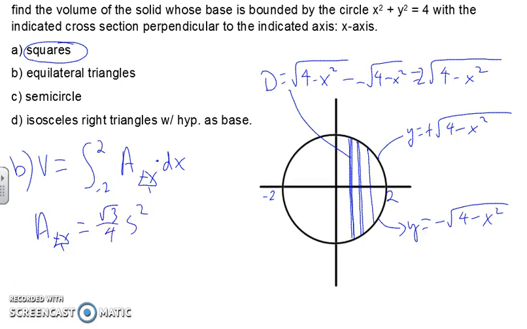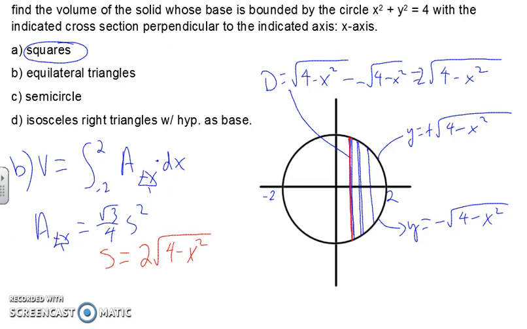What's happening here is that each one of these chords going all the way across the circle will be the side length of the equilateral triangle. So similar to the square, this will be s equals 2 square root of 4 minus x squared.